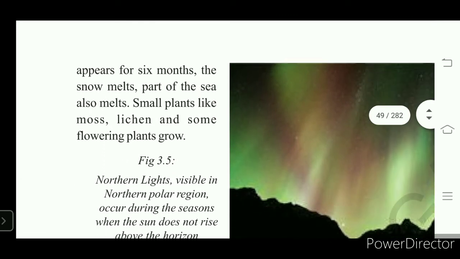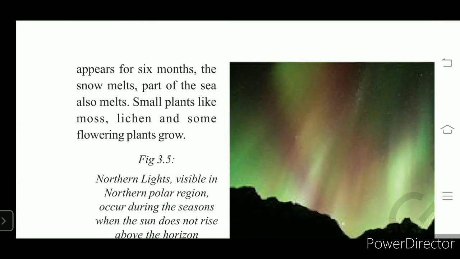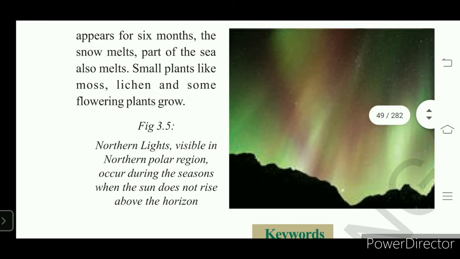So at that moment there will be partial light. Partial light means very dim light. Very little light is exposed to the South Pole as it is December 22nd.